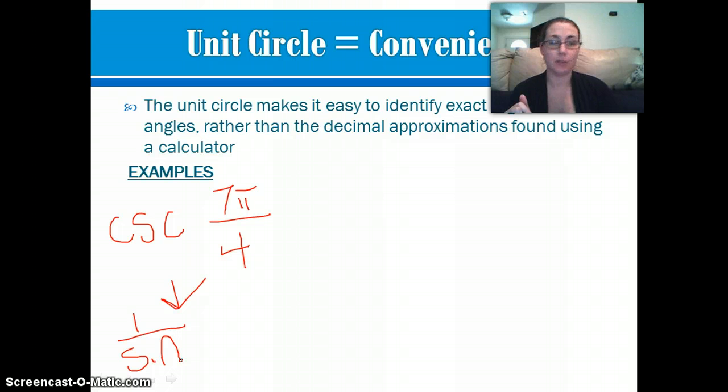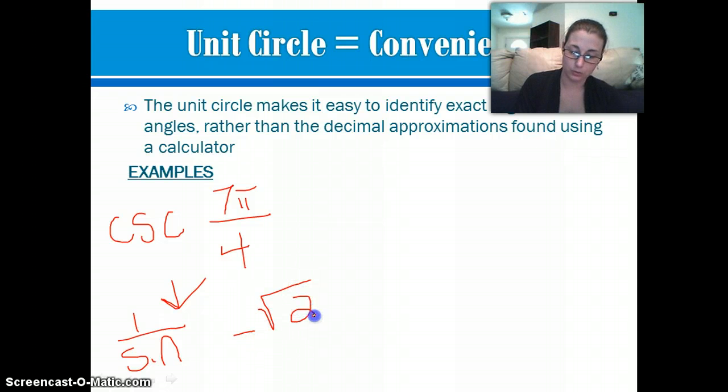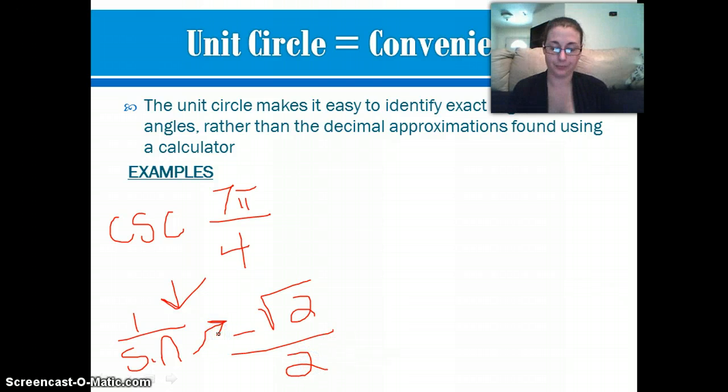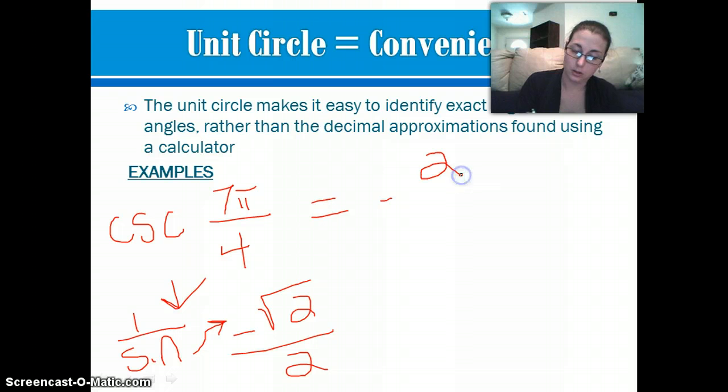So if I look at my unit circle and look at 7 pi over 4, it looks like the y-coordinate of that is negative root 2 over 2. So that's just the sine. Now if I'm going to get the cosecant, then I want the inverse of that fraction. So I'm going to go ahead and flip that around, and it would be negative 2 over root 2.